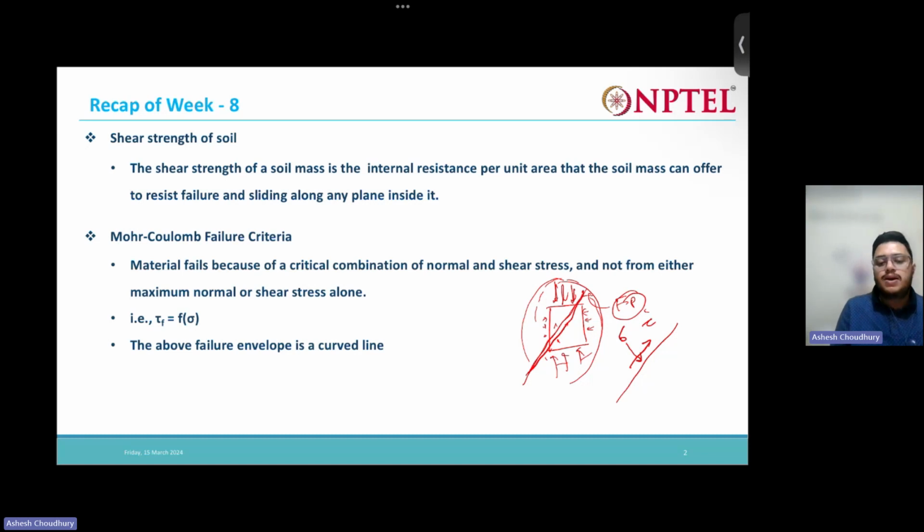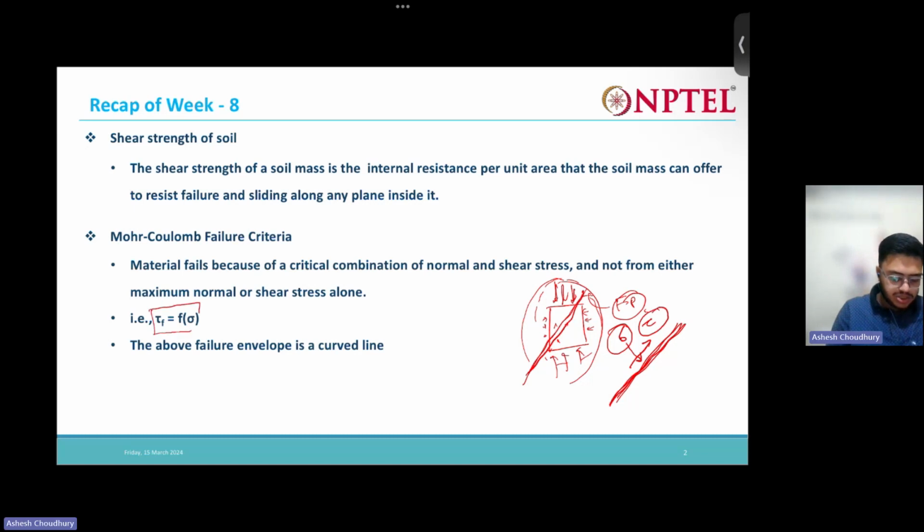But in the failure plane, the normal stress and the shear stress acting due to the applied load achieve a critical combination.